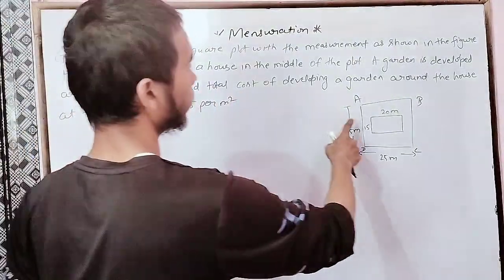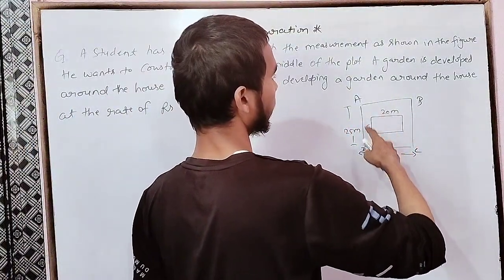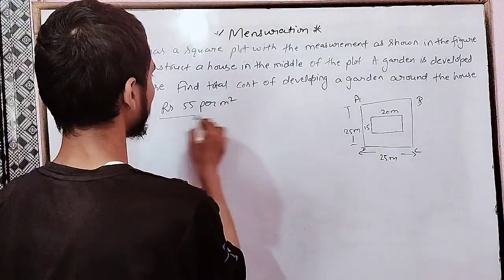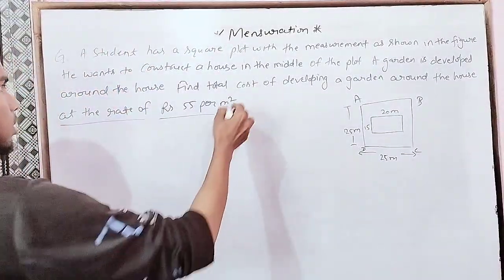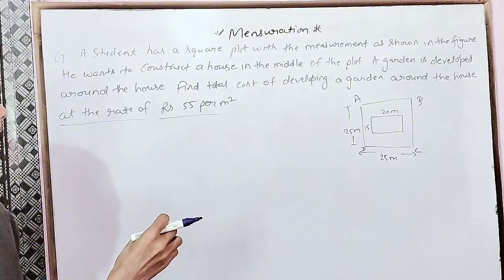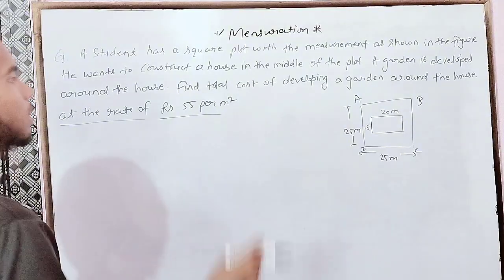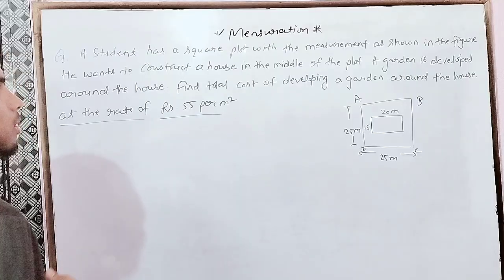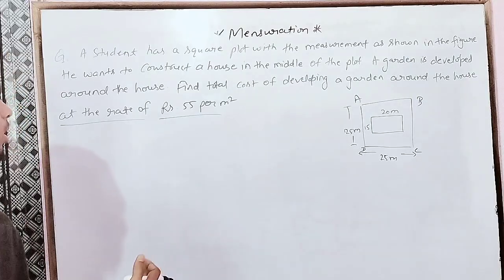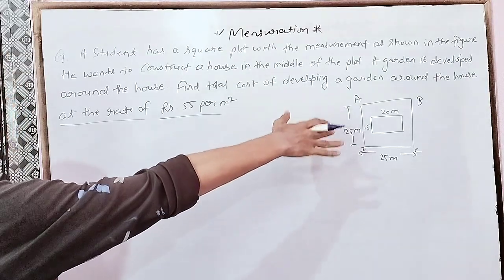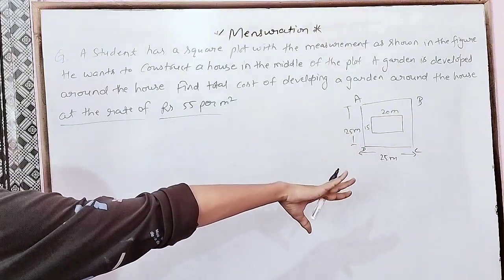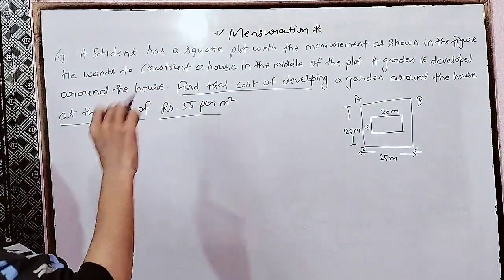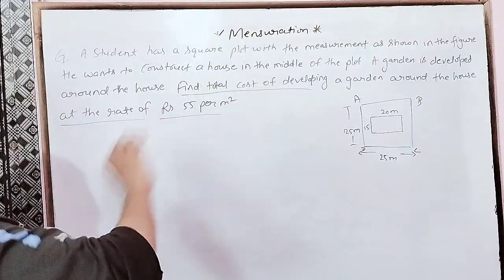Find the total cost of developing a garden around the house, at the rate of rupees 55 per meter square. So per meter square the rate is 55. First of all, we need the total meter square of the garden only, because it is asking for the total cost of developing a garden, not a house, not a plot.